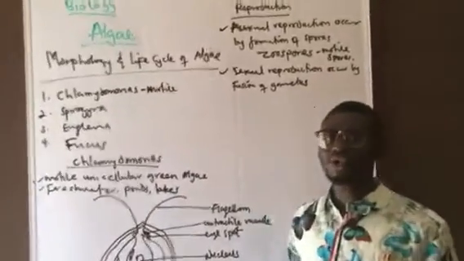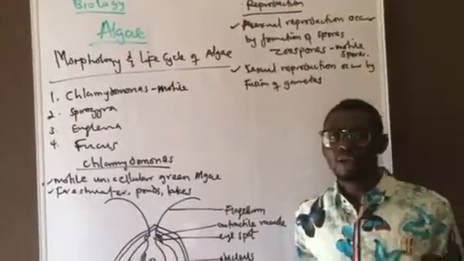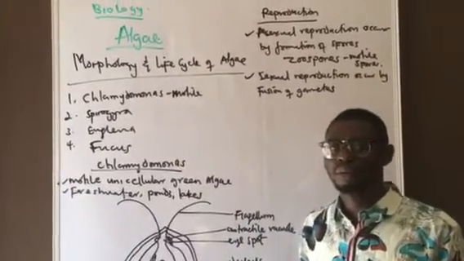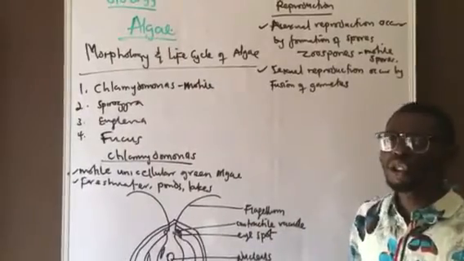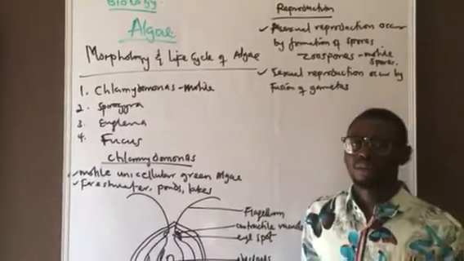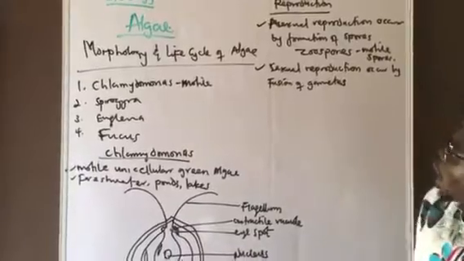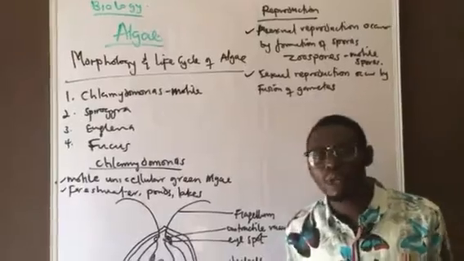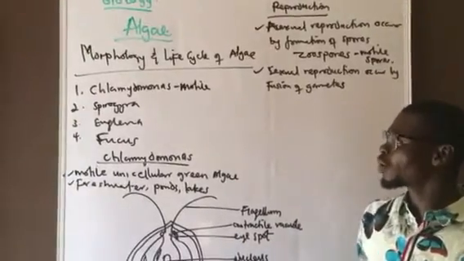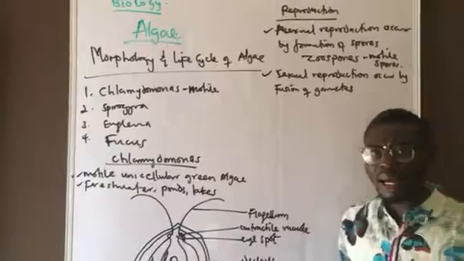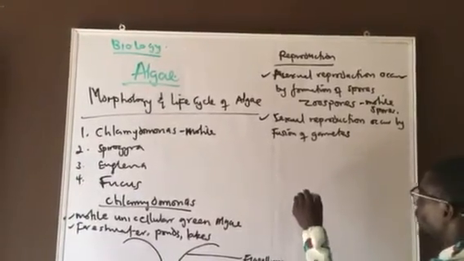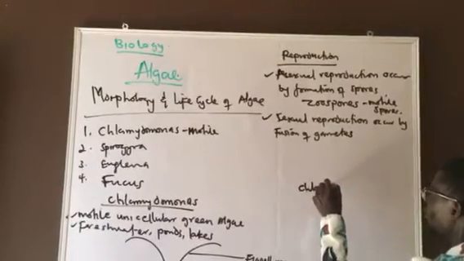So there will be fusion of gametes. When these two Chlamydomonas come together, there can be fusion of nucleus and fusion of the protoplast. That is how they carry out sexual reproduction. When two Chlamydomonas come together, there will be fusion of nucleus, and that will result in production of zygotes. So let's say these are Chlamydomonas.